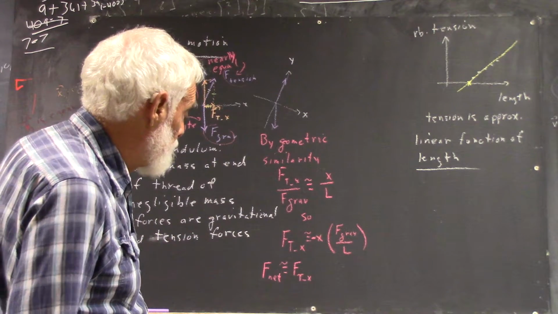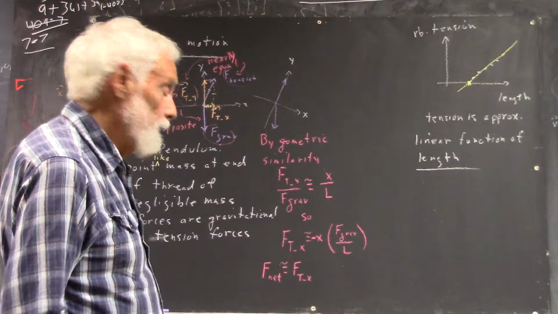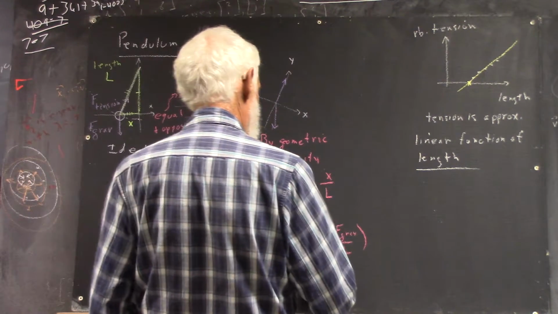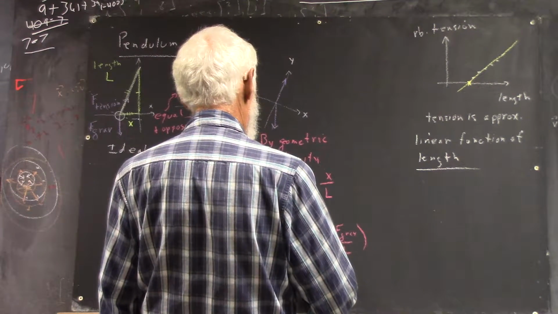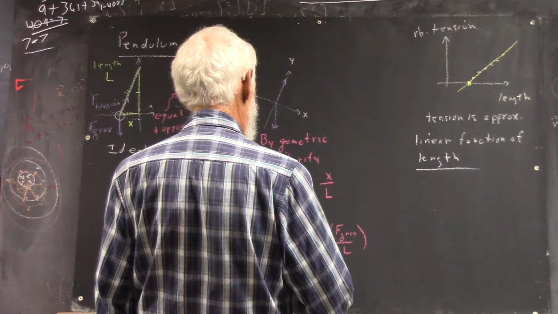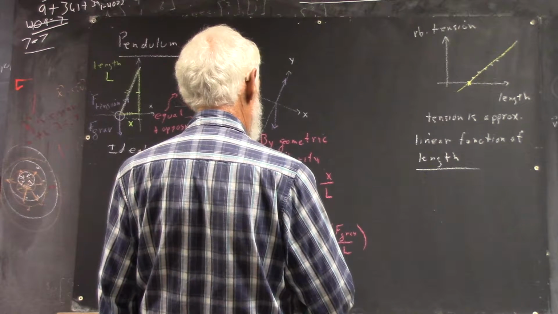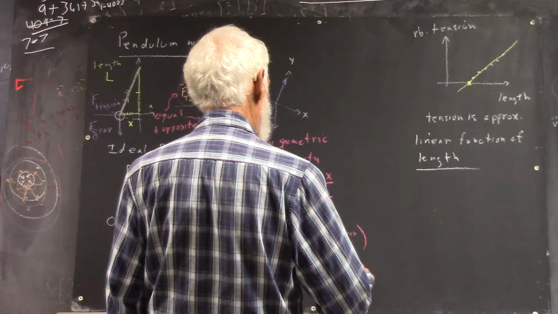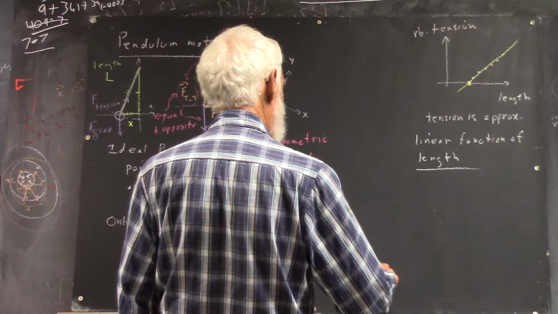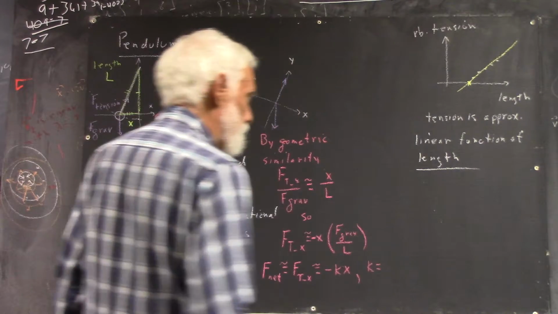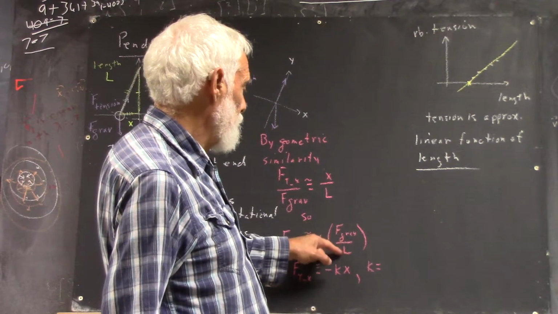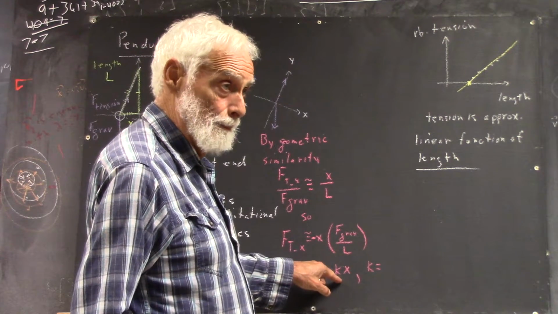Okay, so anyhow, F net is approximately equal to this, which is in turn approximately equal to negative kx, where k is just some constant. You don't have to even measure F grav or L, you can measure k directly.